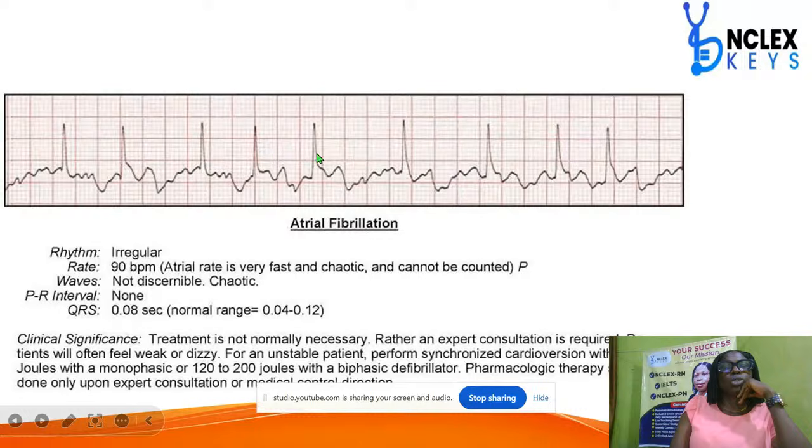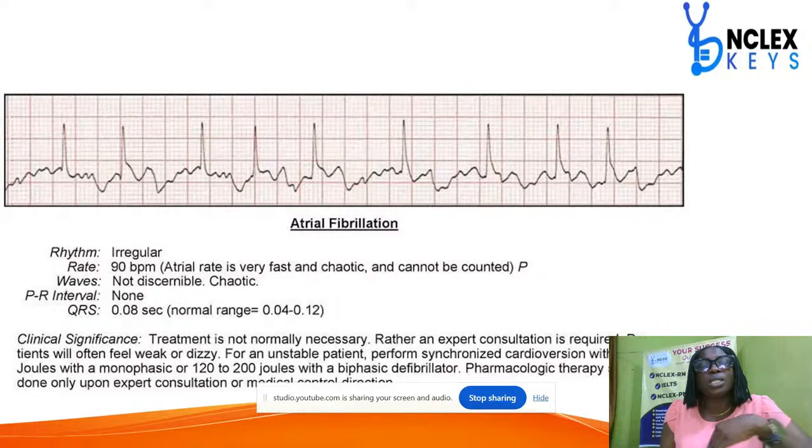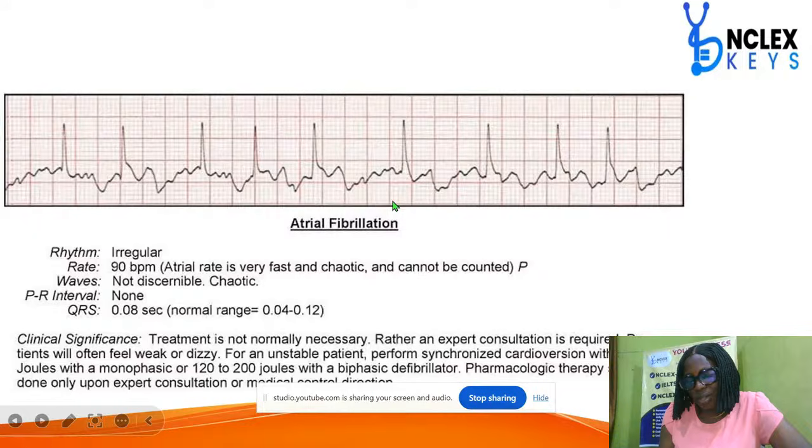Some are 2, some are 2.5. You know, just staggered like that. Know that the only condition that will present with this type of P wave and irregular R to R is AFib, atrial fibrillation.